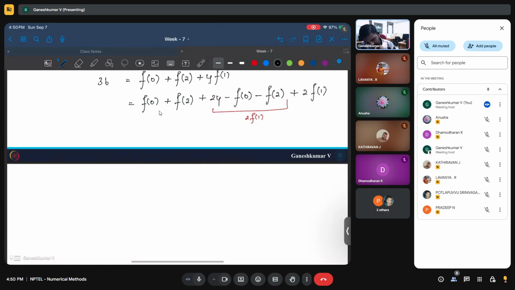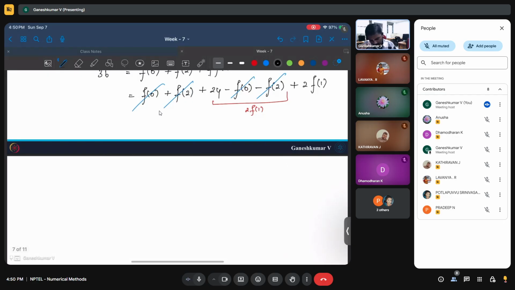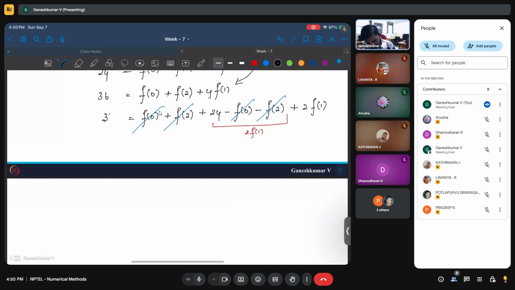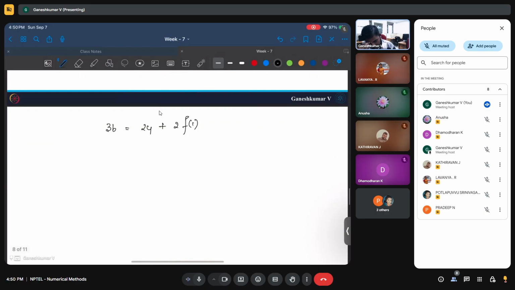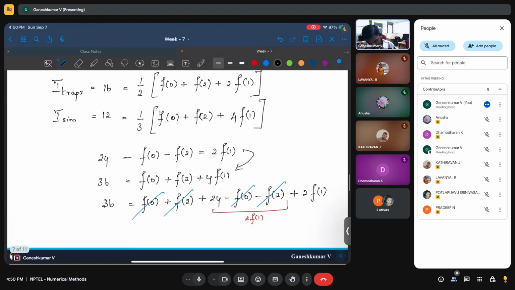So you can cancel these: f of 0 and f of 2 go away, so you don't need to know f of 0 and f of 2, and there is also no way to know that because there is no function given. So this becomes 36 equal to 24 plus 2 f of 1, and this can be simplified. How much is 2 f of 1? Is this correct?